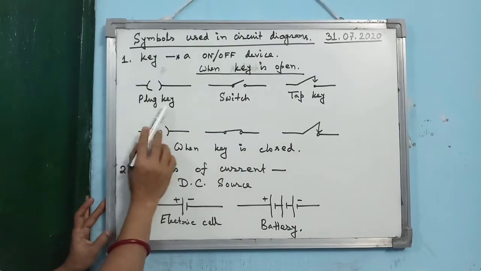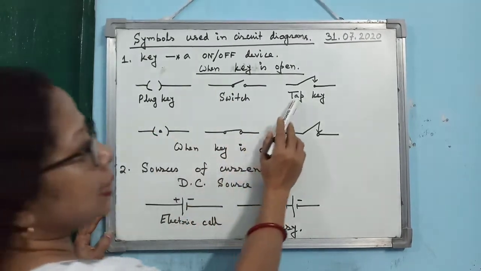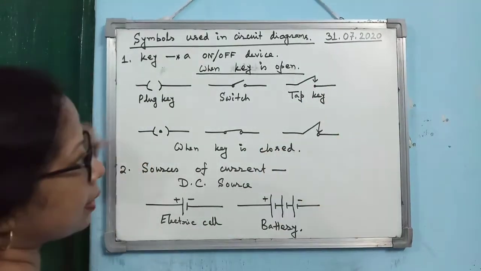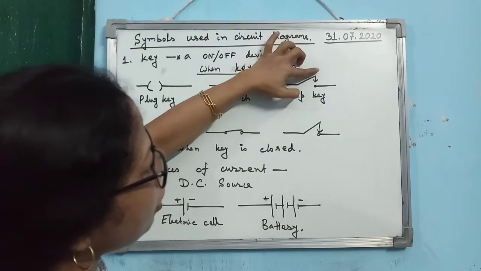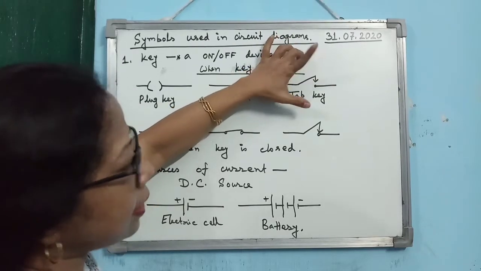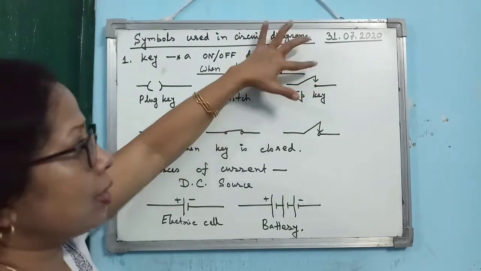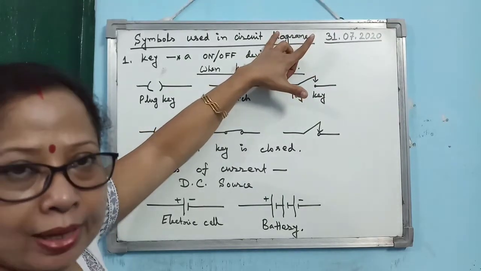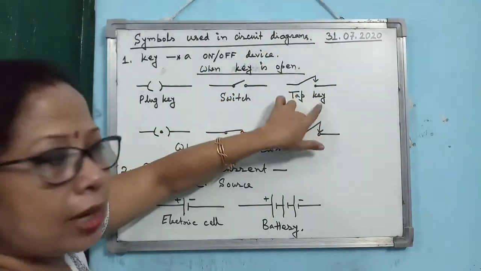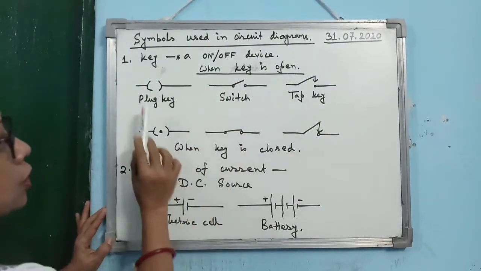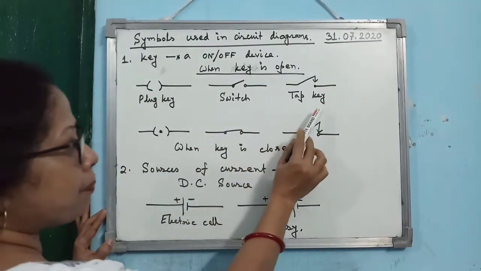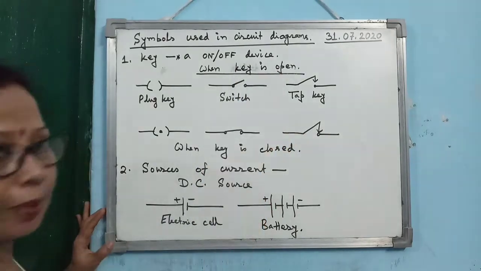Here also the key is open. For the tap key, you have to press this point down. Until you press it, the current will pass through the circuit. The moment you release your finger, the key becomes open. So these are the three symbols for the plug key, switch and tap key when they are open.